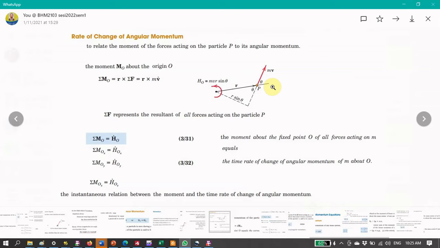So the moment of forces acting on particle P represents the instantaneous relationship between the moment of forces and the time rate of change of angular momentum.